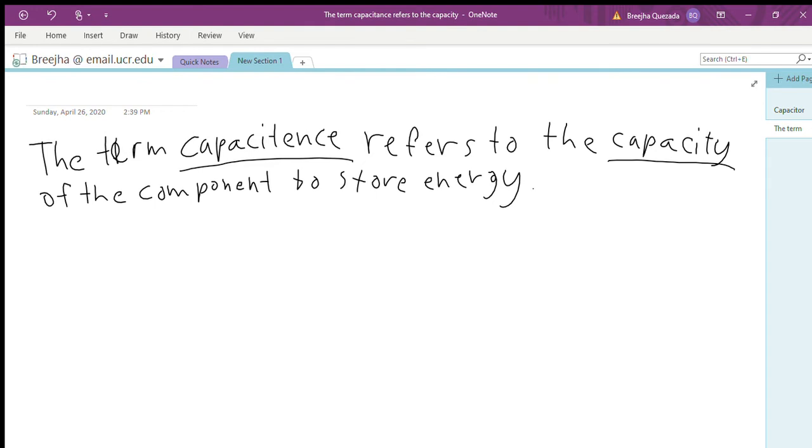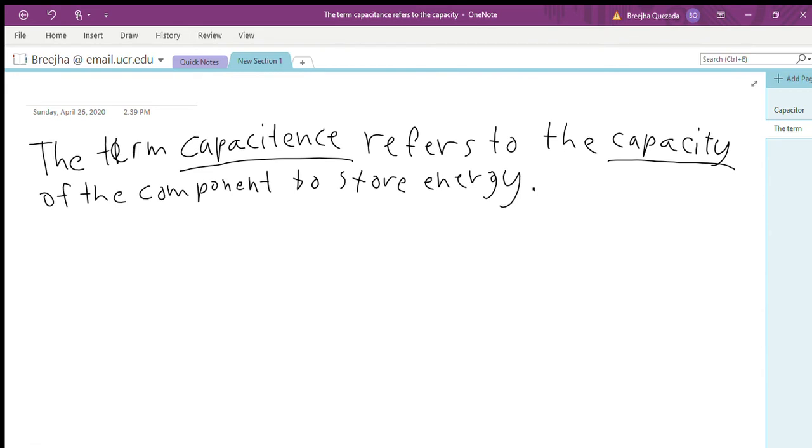This is a really important principle of capacitors, because we'll learn a few more different circuit components in the coming weeks, but this is the only circuit component that really serves this purpose, and it's to store energy.